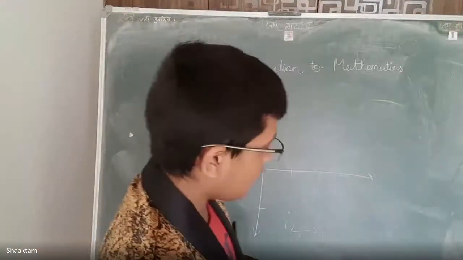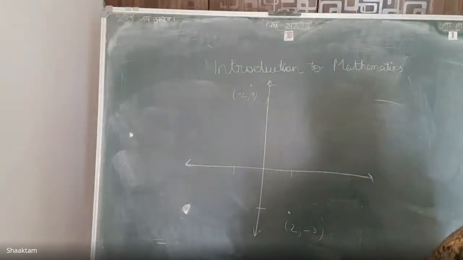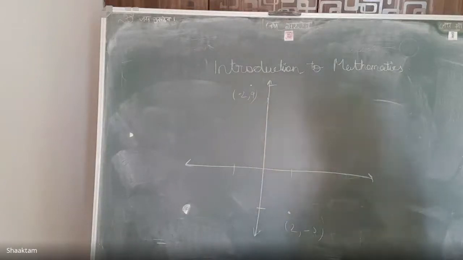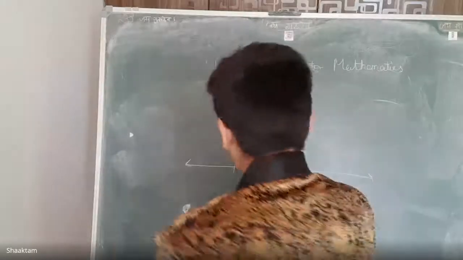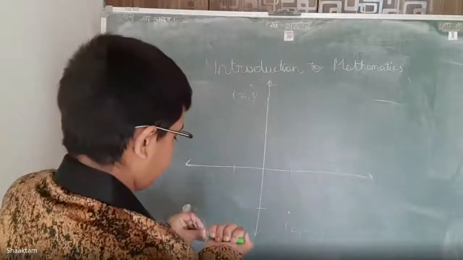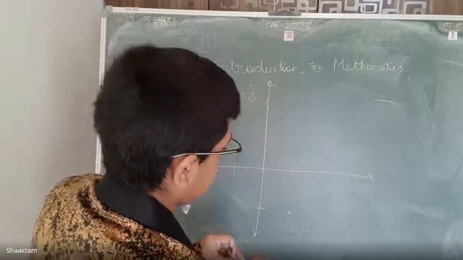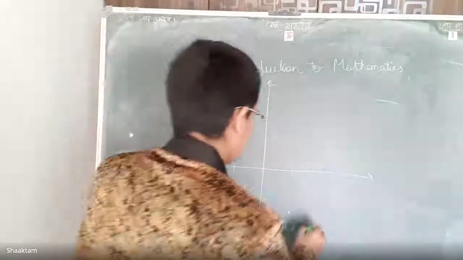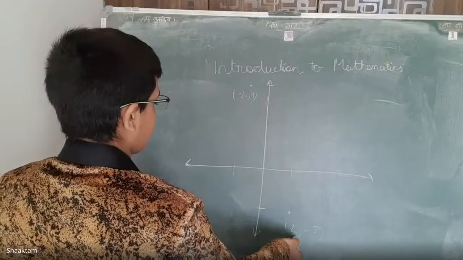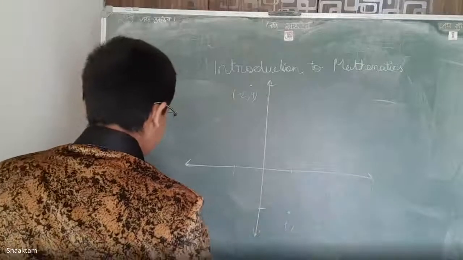Yeah, I saw. So how did you go about it after getting to know that (2, -5) and (-2, 9)? By using the distance formula. Okay, distance formula: (x2 minus x1) whole square. In this case it will be minus 2 or whatever, because anyway it's getting squared.